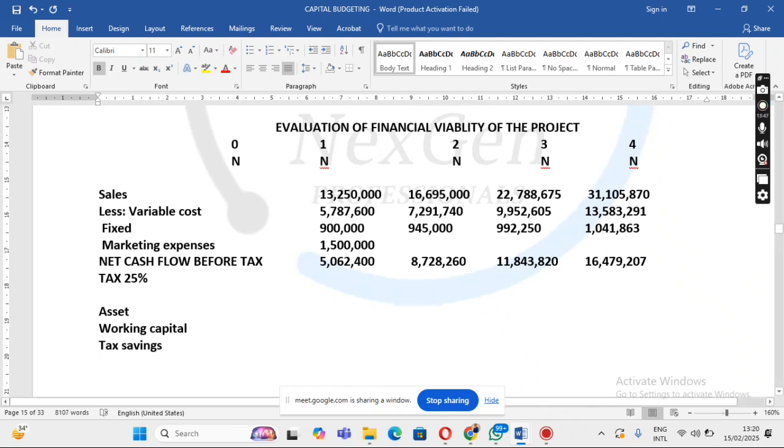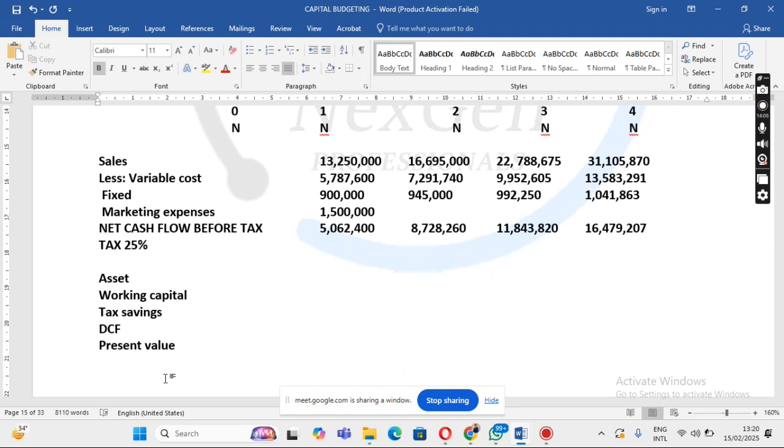After your tax savings, your DCF. The cost of capital to be used is given. After that, you have your present value. When you calculate, you have your NPV. You don't write NPV like this in an exam. It's net present value, right?